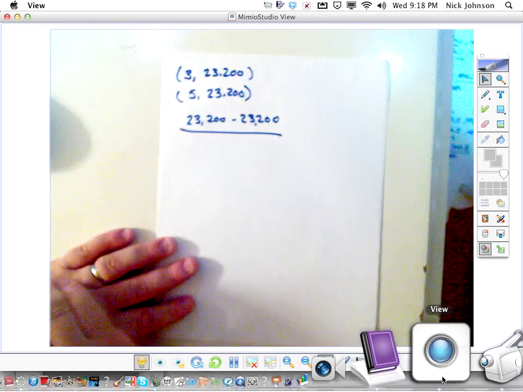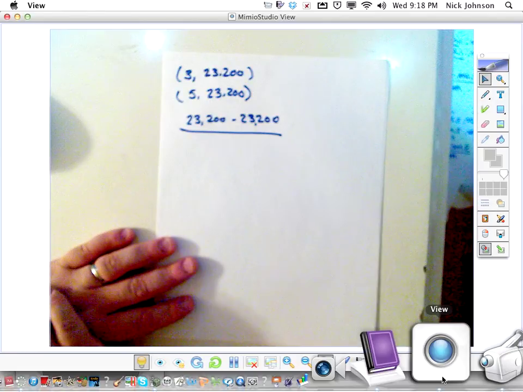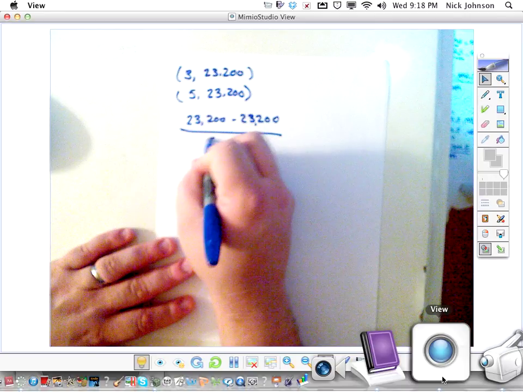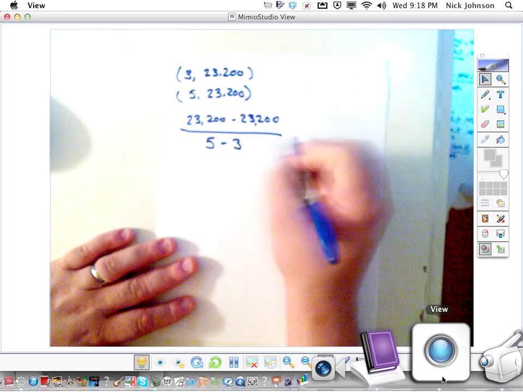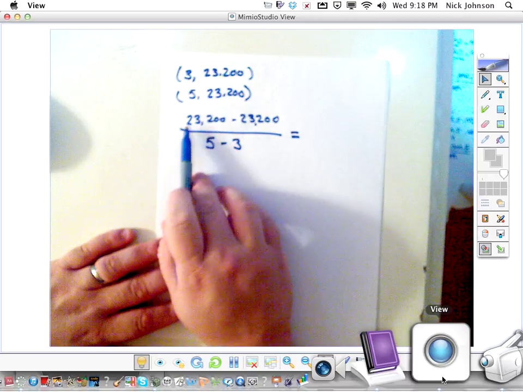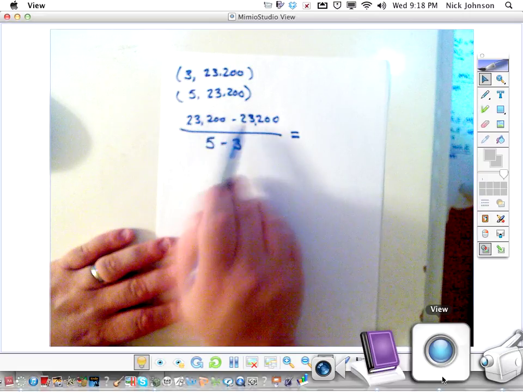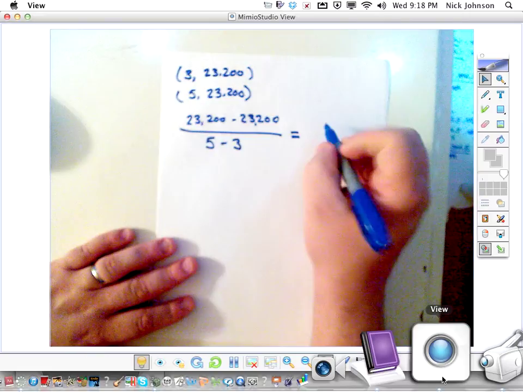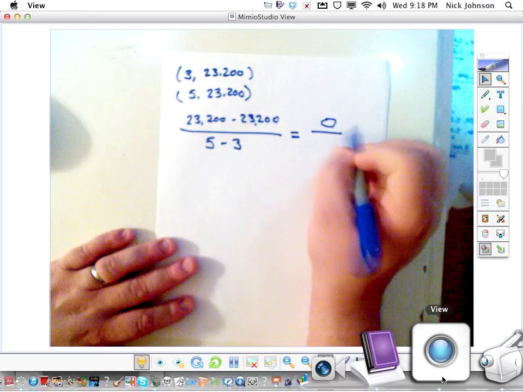So it's 23,200 minus 23,200. I know everybody's probably thinking it's obvious, but I just want to show you how you can show that we have 0 rate of change. 5 minus 3.